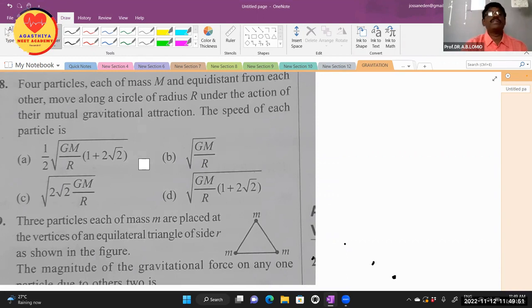The speed of each particle is asked, for four particles moving in a circular orbit, provided the distances between the four particles are the same, under the action of mutual gravitational attraction. Find the speed of each particle.